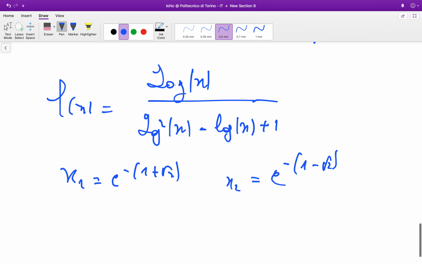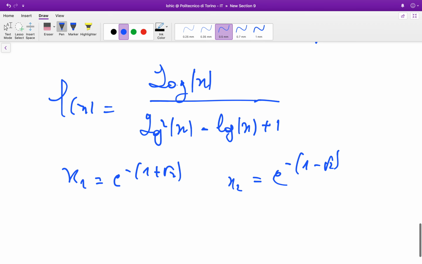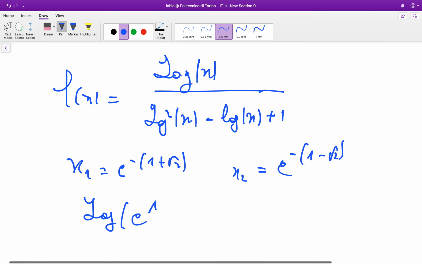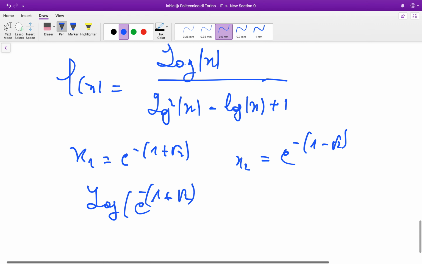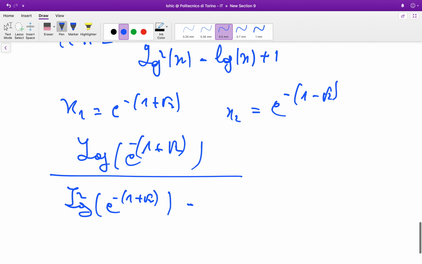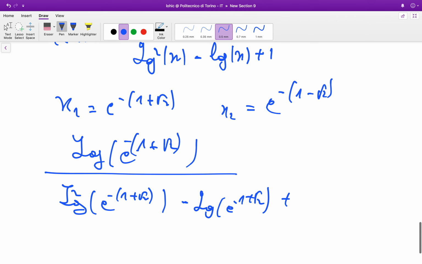So if we substitute, just to have a rough idea, it gives you the logarithm of exponential of minus 1 plus root 2, and I don't need the absolute value because these numbers are positive, divided by the logarithm square of exponential of minus 1 plus root 2 minus the logarithm of exponential of minus 1 plus root 2 plus 1.